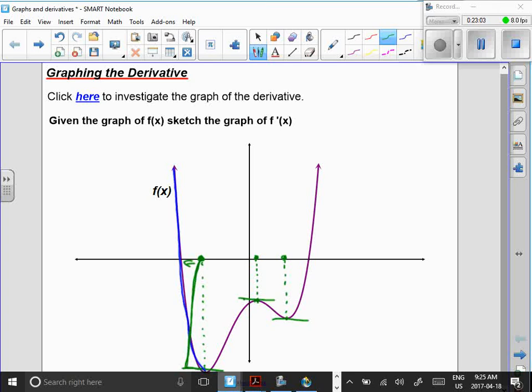Okay? And then it becomes positive. From here to here, the slope of the tangent is positive. It starts off a little bit positive, gets more and more positive, till some point around there, it starts to get less positive. Does that make sense? So the slope of the tangent hits some maximum steepness, positive, and it starts to get less steep or less positive until it gets back to 0.